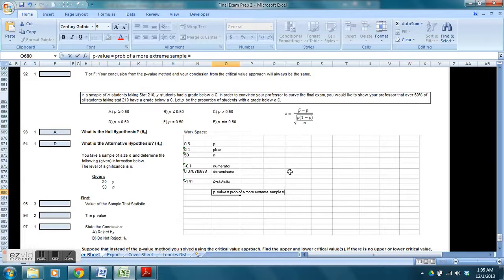So our p-value is simply the probability that Z is less than negative 1.41, and we don't have to worry about the upper tail.